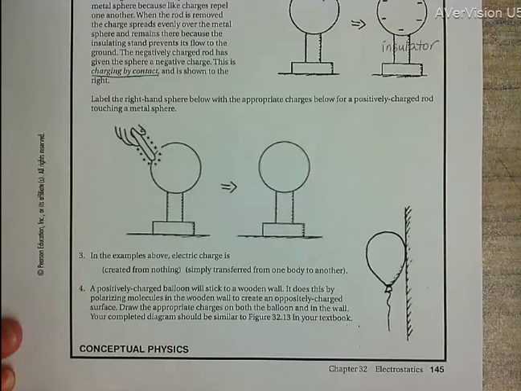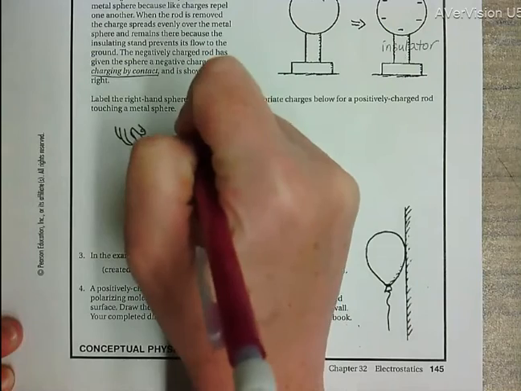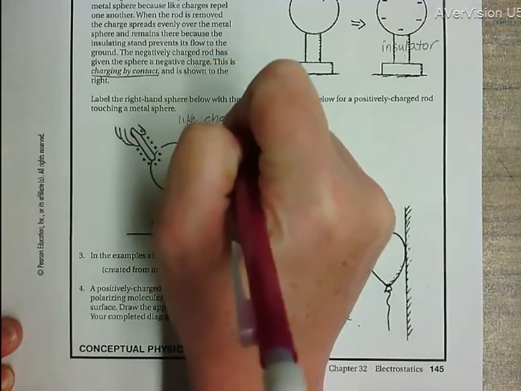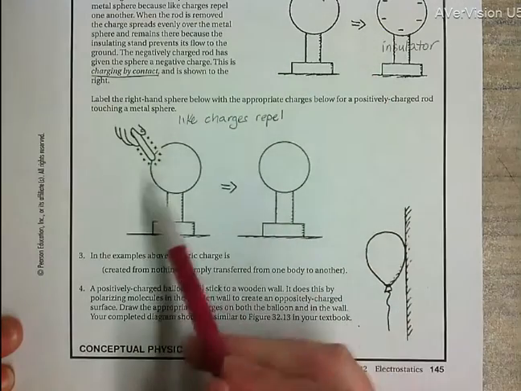Label the right-hand sphere below with the appropriate charges for a positively charged rod touching a metal sphere. So it doesn't matter whether the charges are negative or positive, like charges repel. That means that they don't want to be near each other.